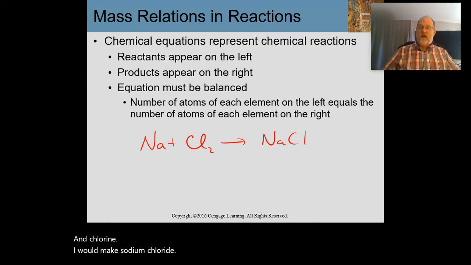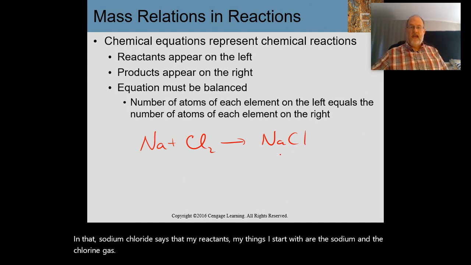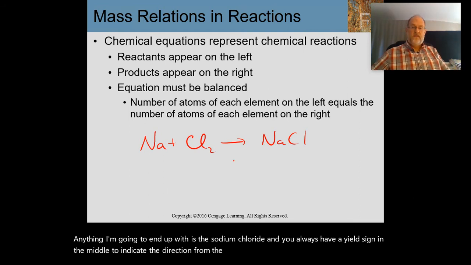That says my reactants, the things I start with, are the sodium and the chlorine gas. What I'm going to end up with is the sodium chloride. And you always have a yield sign in the middle to indicate the direction from the beginning to the end.